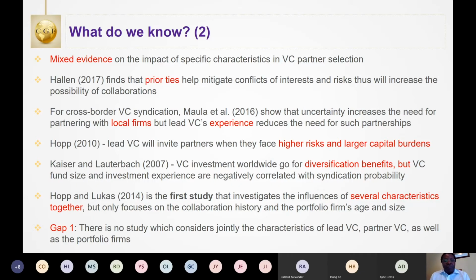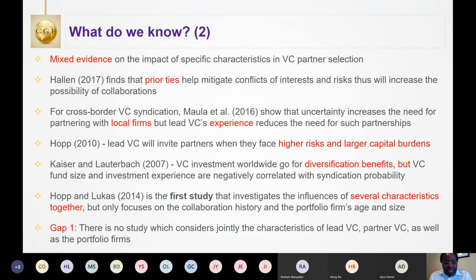But in addition to that, Hope in 2010 comes up with a new insight, saying theoretically that the lead VC will only invite partners in cases where they face higher risks and long capital burdens. Otherwise, they may not entertain any new partners. And that's an additional factor.